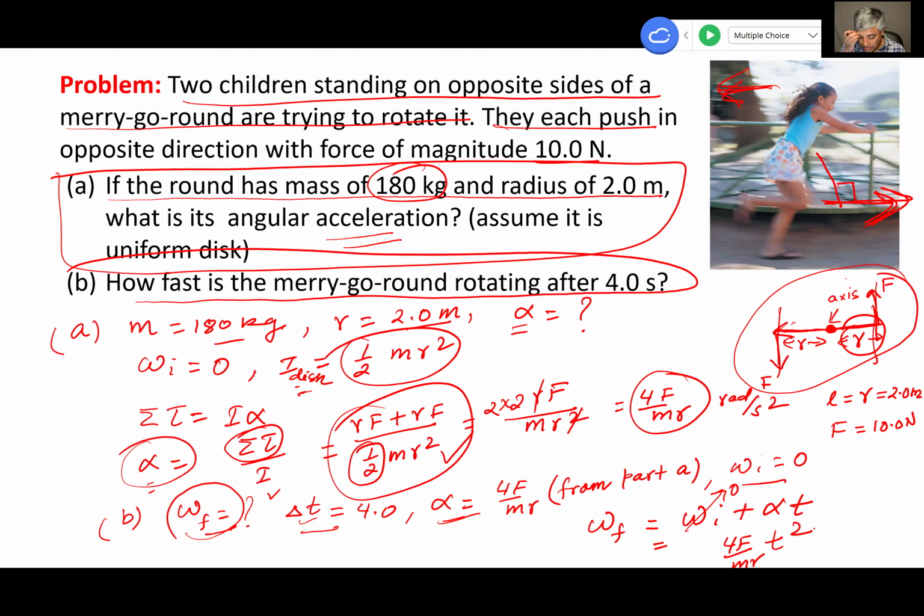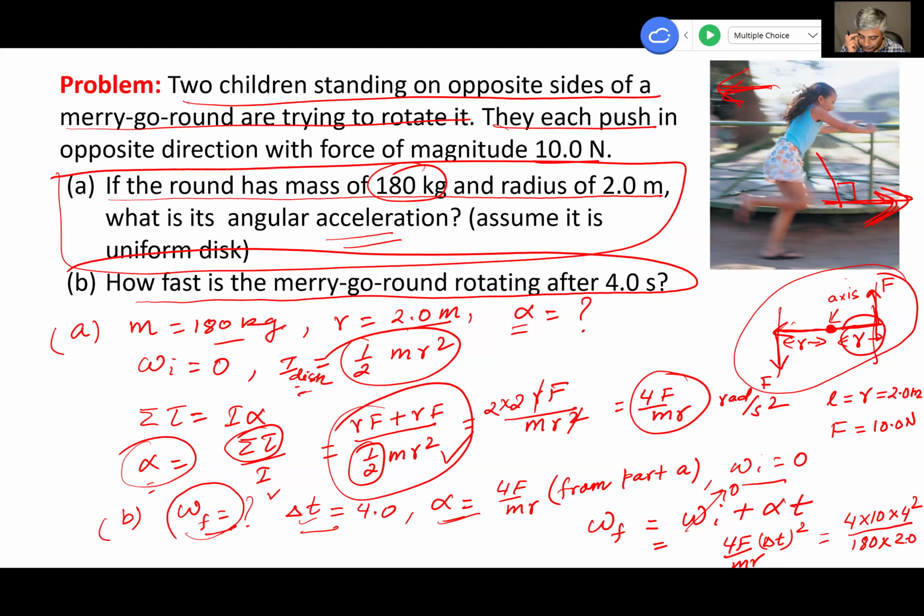So 4 times 10 times 4 squared, and then m, that's 180, times r is 2 meters.